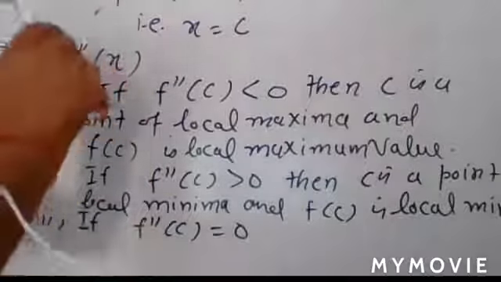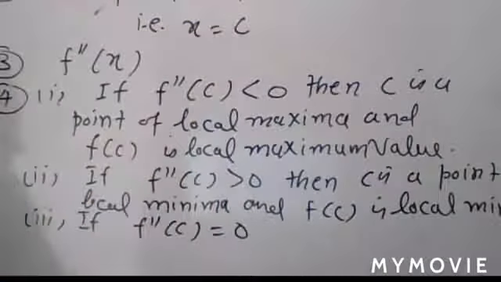If you are talking only about the second derivative test, where you use derivatives up to the second derivative only, then yes, the second derivative test fails. But you can also use up to the third derivative. So if f double dash c is equal to 0, there is a possibility that x is equal to c is a point of local maxima or local minima.